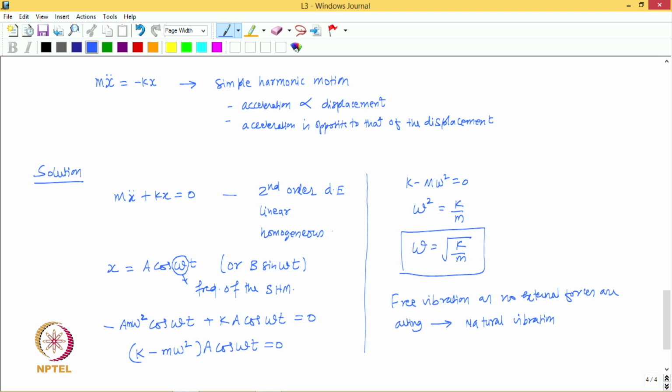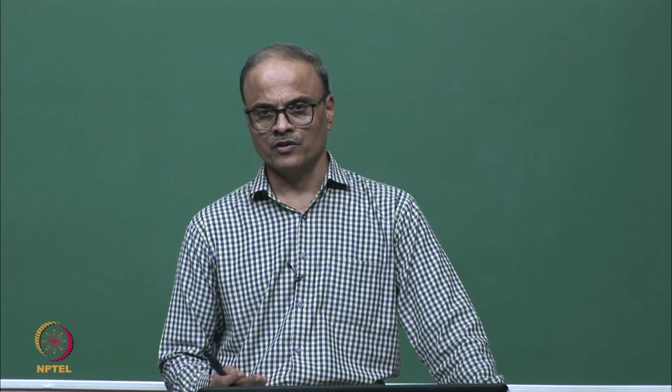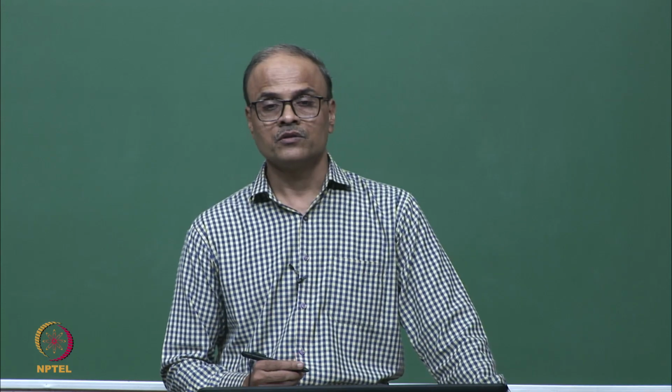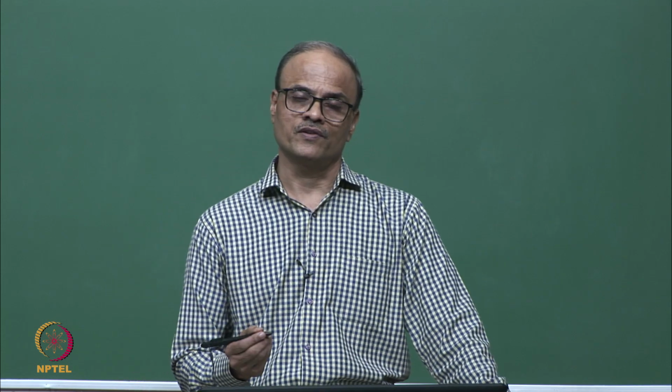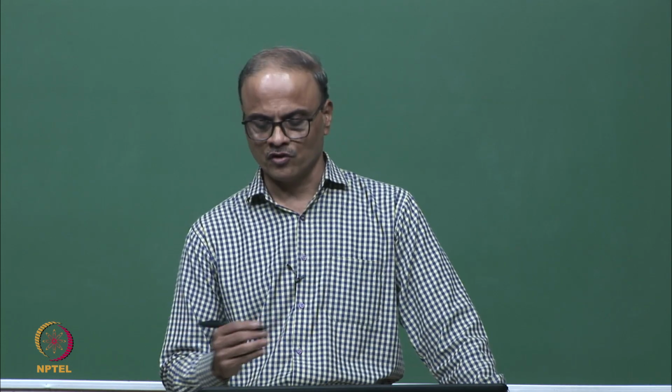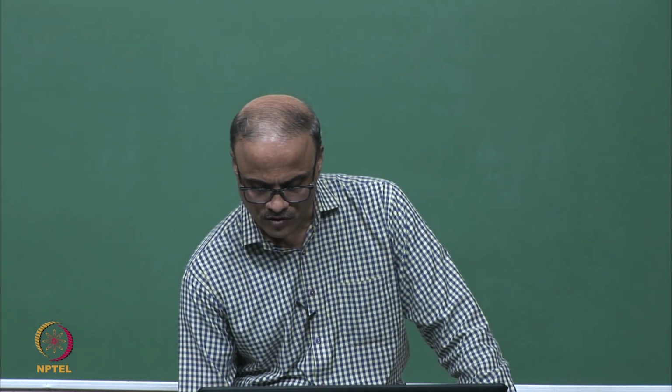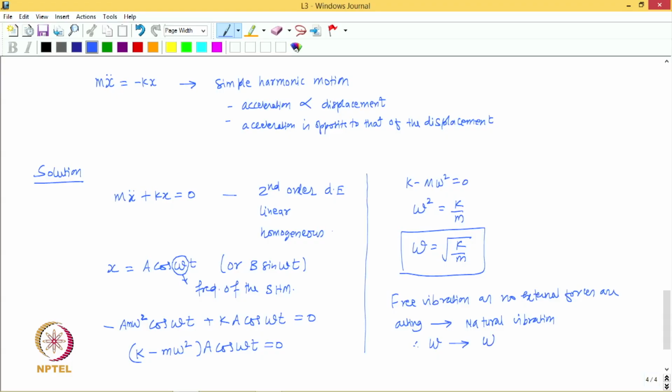Therefore the frequency of this vibration, which is currently a simple harmonic motion, we can call the natural frequency, because it is the frequency of the natural motion. So the frequency omega can be appropriately referred to as omega n, the natural frequency, and hence we say that omega n is equal to under root k by m for this single degree of freedom system.